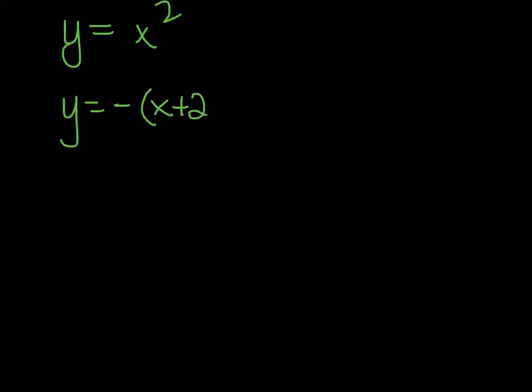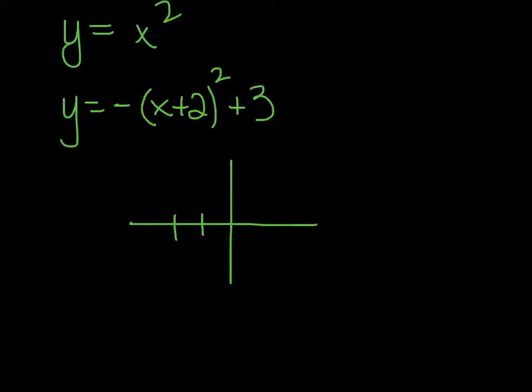All right, last thing, and then we're done here. Sometimes you'll take a graph, let's just stick with x squared, and you'll see a negative, something like this. Look at the number inside the parentheses, a 2, so remember that's a horizontal shift to the left 2.